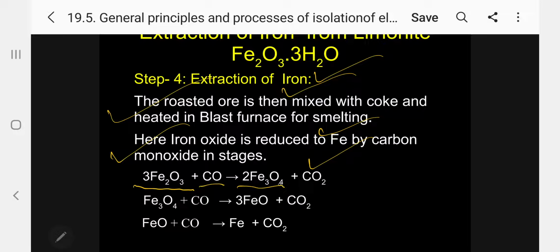So that means a mixed oxide is formed. The mixed oxide again undergoes reduction with carbon monoxide to form ferrous oxide, 3 moles, and carbon dioxide goes out. When ferrous oxide again reacts with CO, it produces impure iron, and carbon dioxide goes out. So by repeated reduction with CO, we are converting into impure iron in step 4.